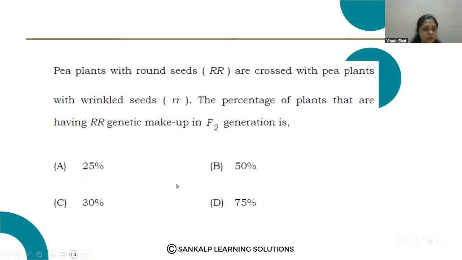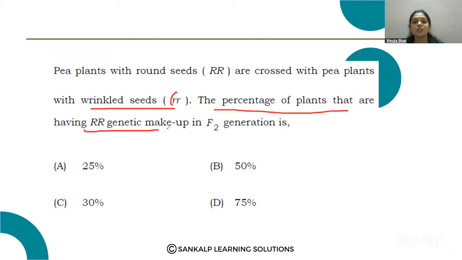Next question. Please note down this question. Pea plants with round seeds are crossed with pea plants with wrinkled seeds, small r. The percentage of plants that are having capital R genetic makeup in the F2 generation is? Yes, anybody?